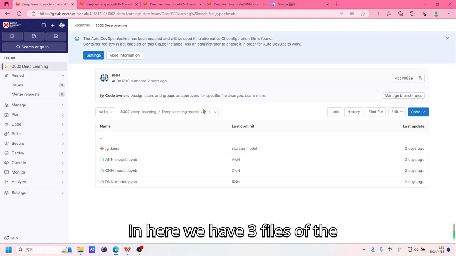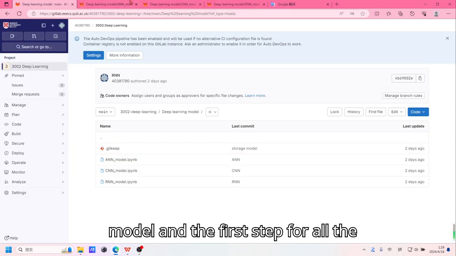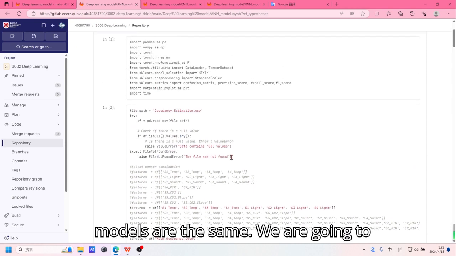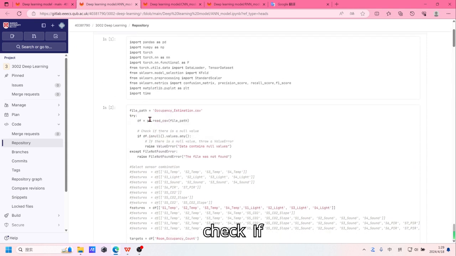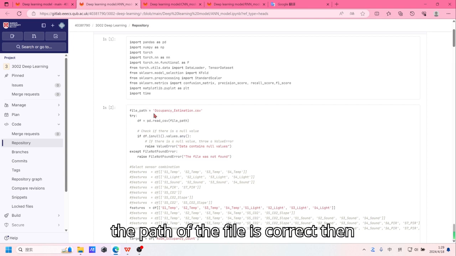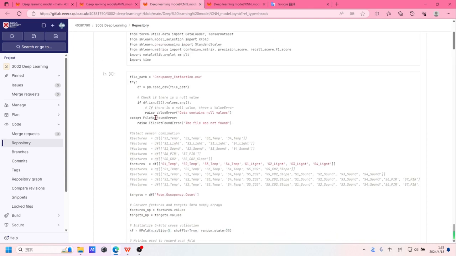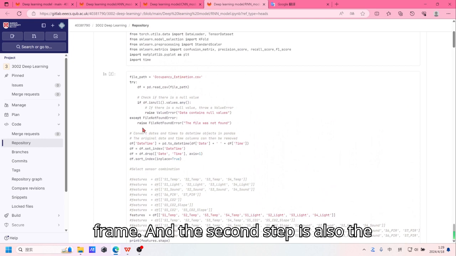Here, we have three files for the models, and the first step for all the models is the same. We check if the path of the file is correct, then check there is no empty value in the data frame. The second step is also the same.